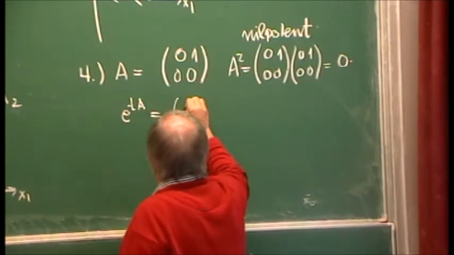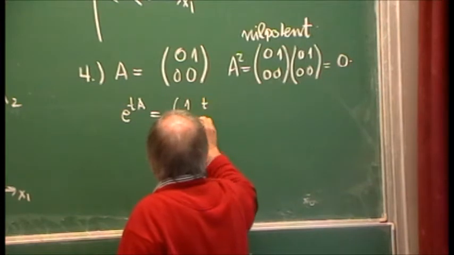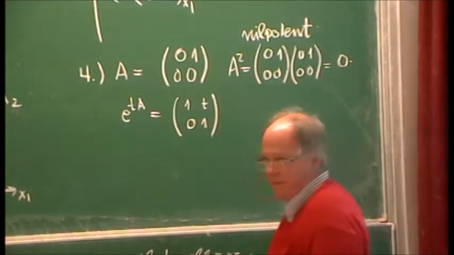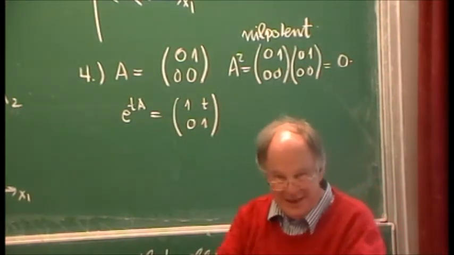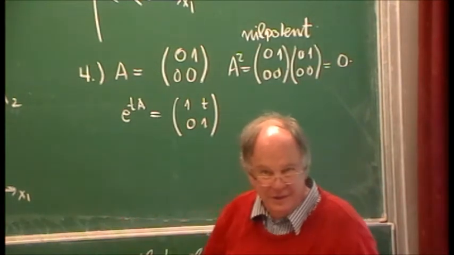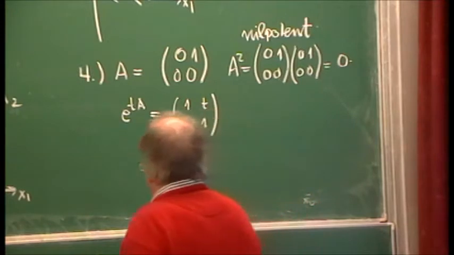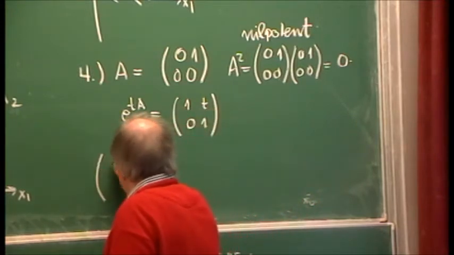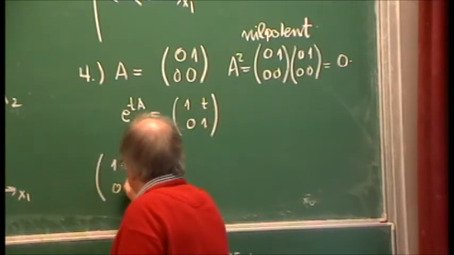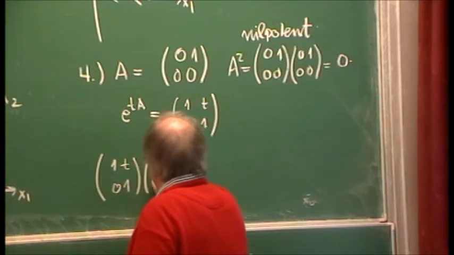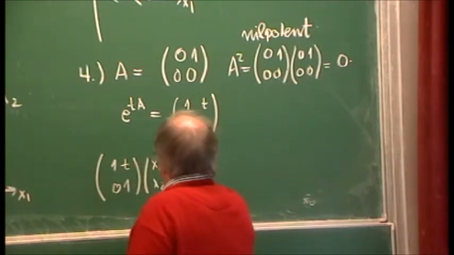It's just this. I just write it in matrix form, right? Identity plus tA, and then it quits. It's amazing, right? Just amazing. And now let's look at what happens here if I apply this thing to x1, x2. So what do you get?